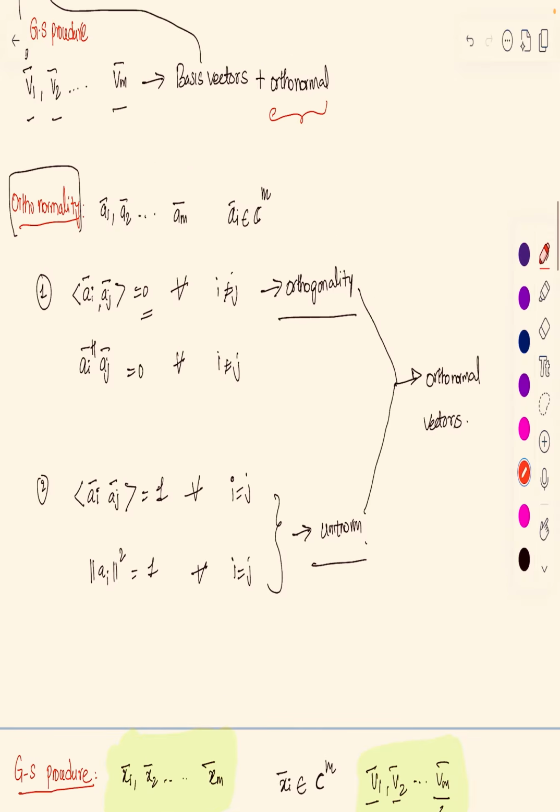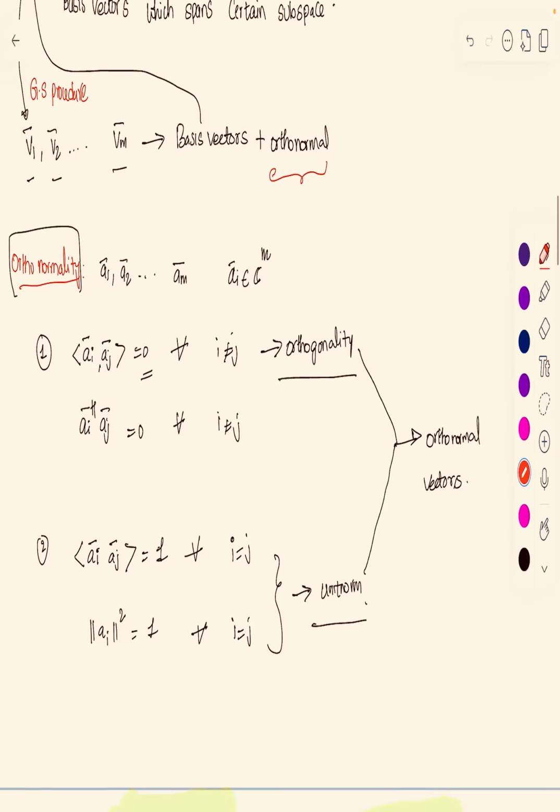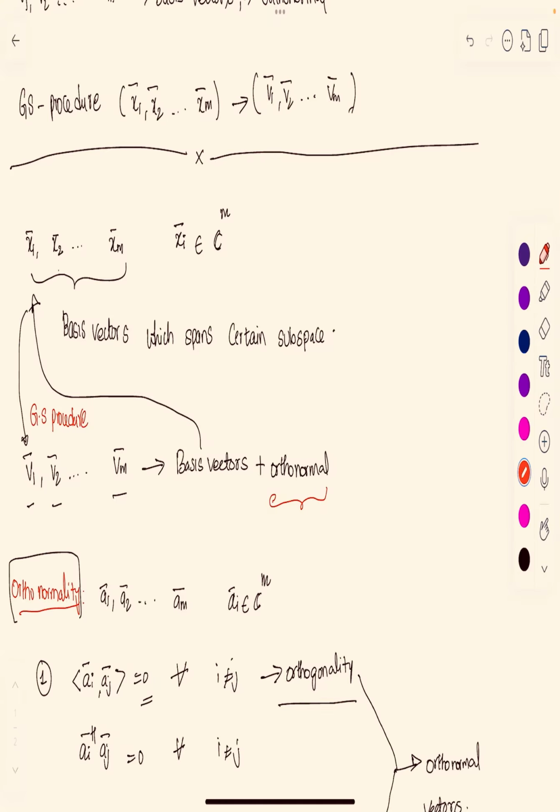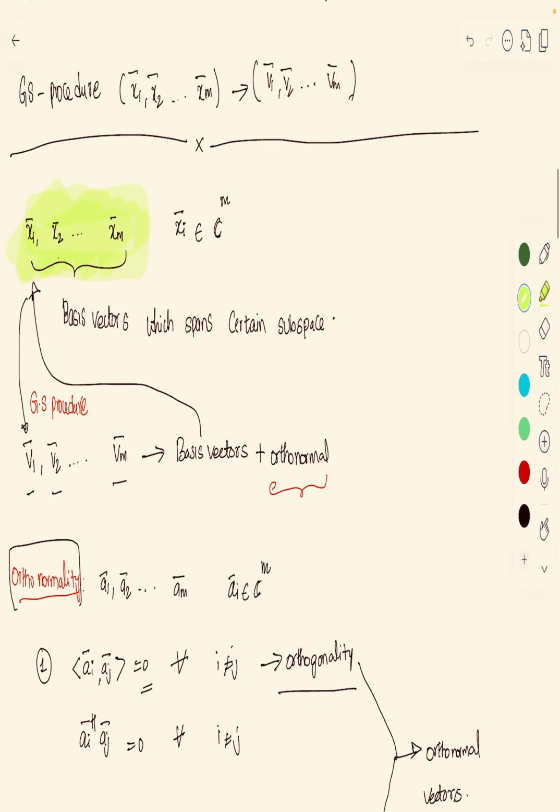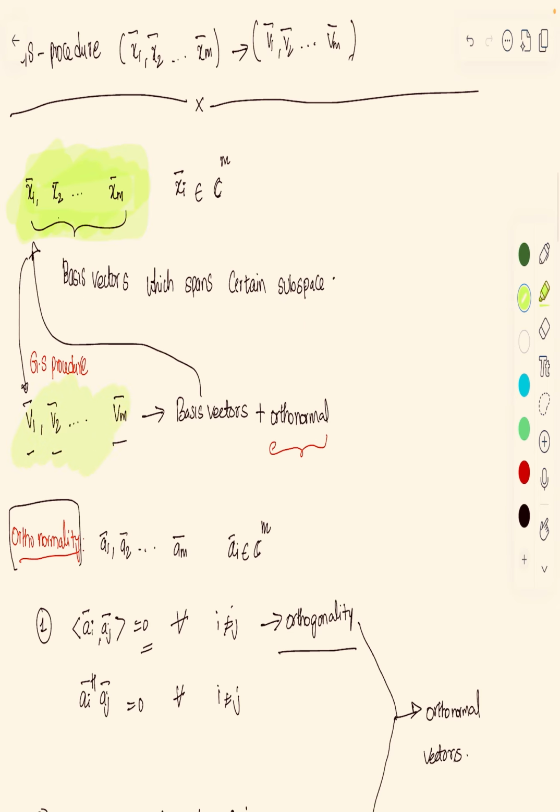Okay, and we wanted to find not just simple basis vectors, but orthonormal basis vectors. The important fact worth remembering is that the original vectors are just basis vectors, and they can have interdependencies. They are not orthogonal. In fact, the GS procedure precisely tries to eliminate the interdependencies between these vectors and make them unit norm, which gives us V1 bar, V2 bar, and so on, Vm bar.